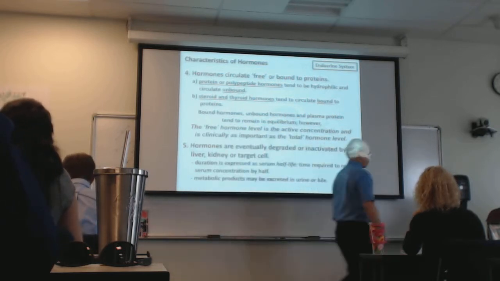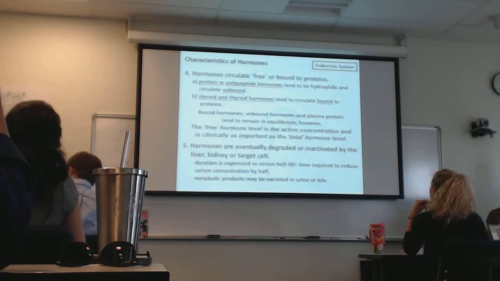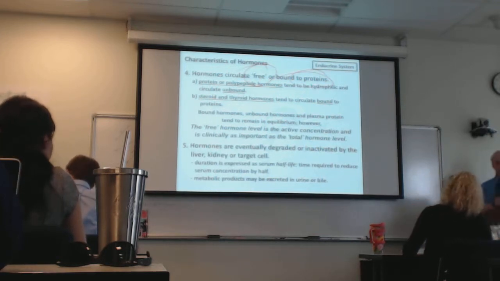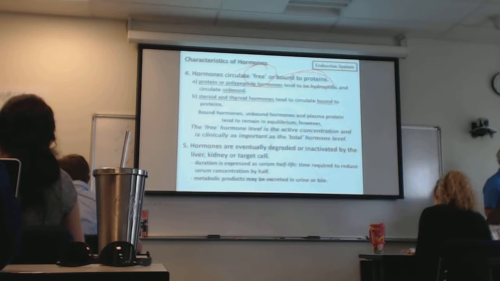So the point we're making here is that hormones can sometimes circulate free or bound to proteins. And really what determines whether they circulate free or bound to proteins is whether they're hydrophobic or hydrophilic. Remember we talked about the partition coefficient earlier.